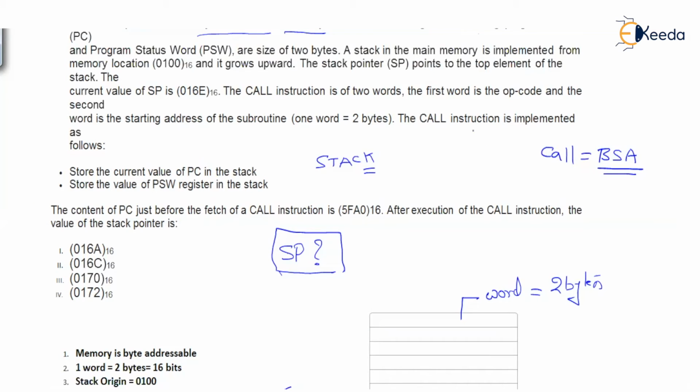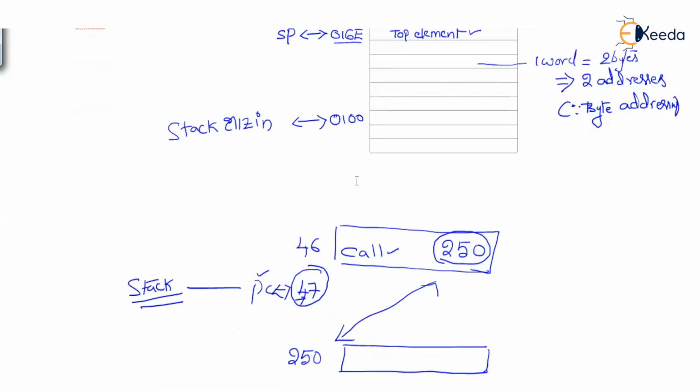The call instruction is implemented as follows. When the call instruction gets executed, store the current value of the program counter into the stack. Store the value of the PSW register into the stack. That is, whenever a call instruction is executed, two elements will be pushed into the stack. The stack will be loaded with two elements.